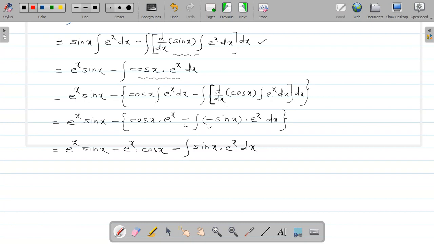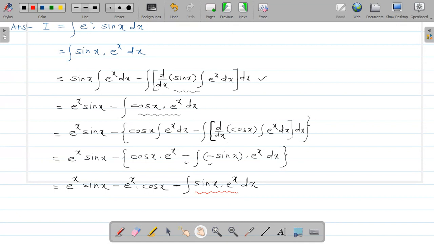Because you have to solve the integration of sin x into e raised to x dx again. Originally we started with the integration of sin x into e raised to x dx, and after some steps we get the same integration, sin x into e raised to x dx.